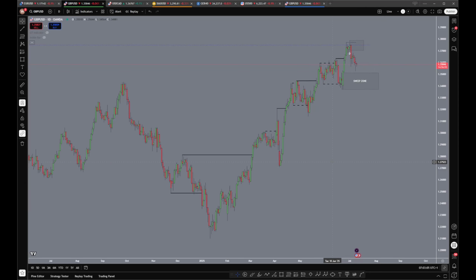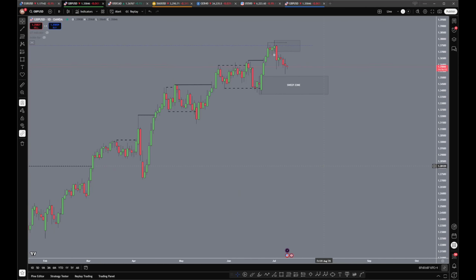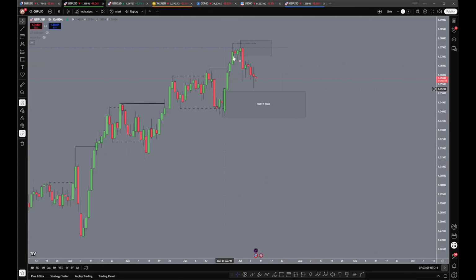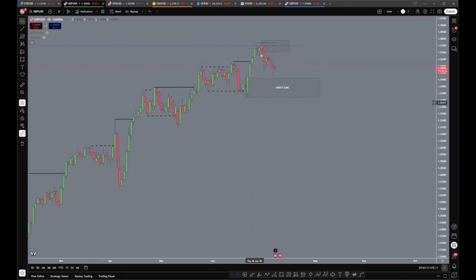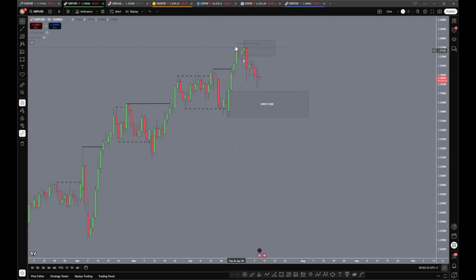Okay, if we start on the daily on the Pound Dollar, you can see that we've been moving to the upside, and recently we've had this break of structure. Then we tried to break the high, caused a daily CHoCH, and we've been moving down, but then we've had a bit of sideways price action.